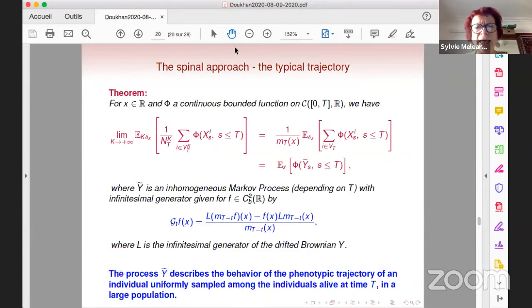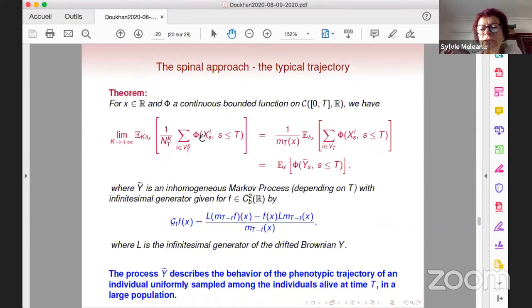Now I arrive at one of the main results of this talk. Remember I said I want to pick up at random an individual in my observed population at time capital T. That means uniformly on the total number of individuals at time capital T, the total number being N_T. So I consider 1 over N_T, and I choose an individual.